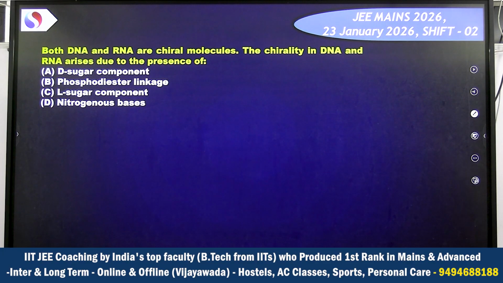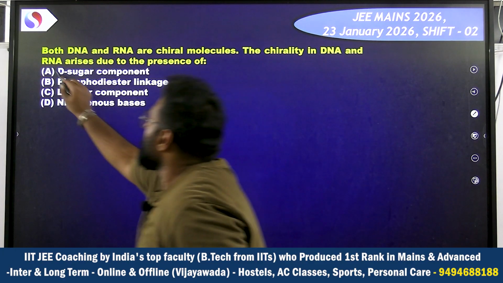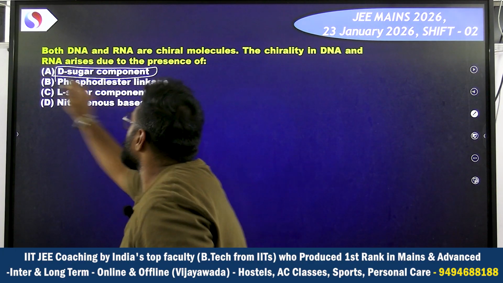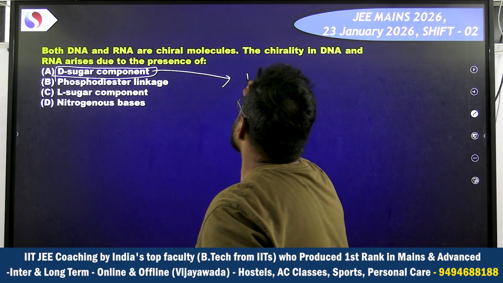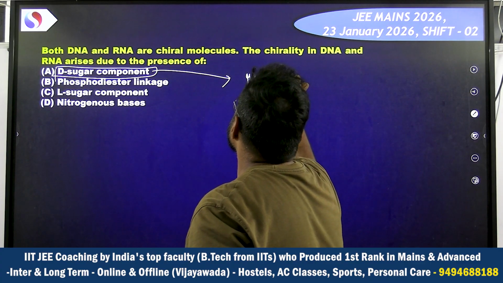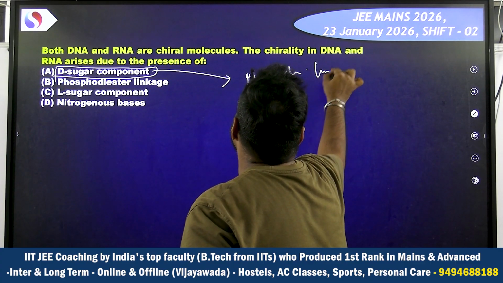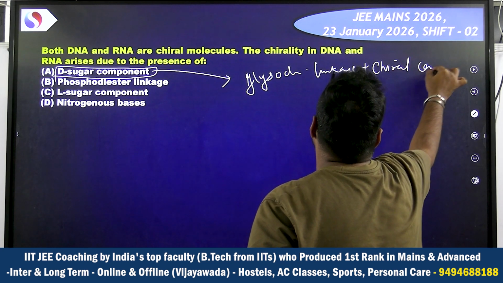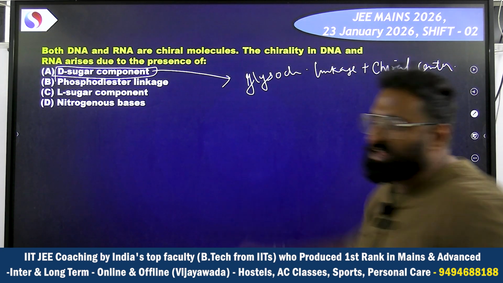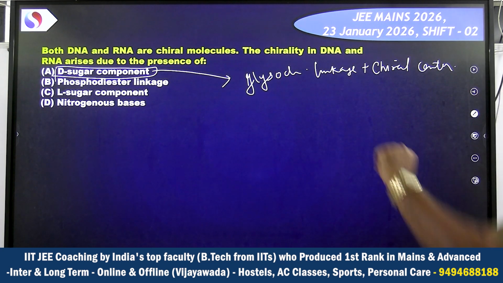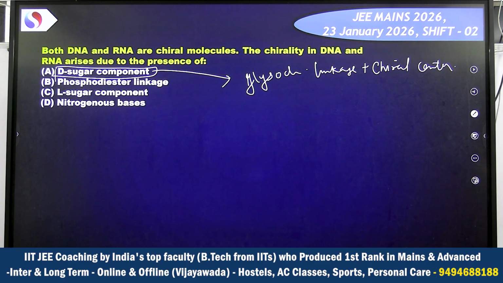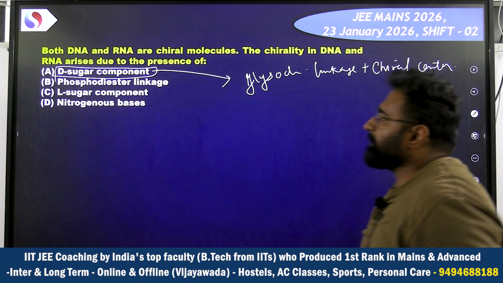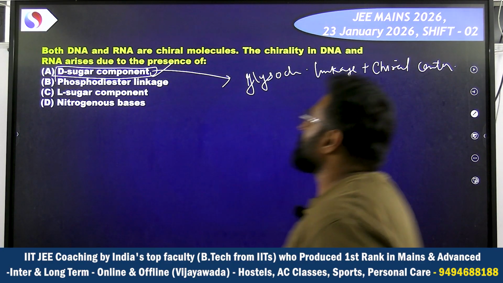Remember, whenever we talk about the D component, it has glycosidic linkage, plus they have a chiral center. D-ribose and D-deoxyribose both have a D component. So the correct answer will be D component.